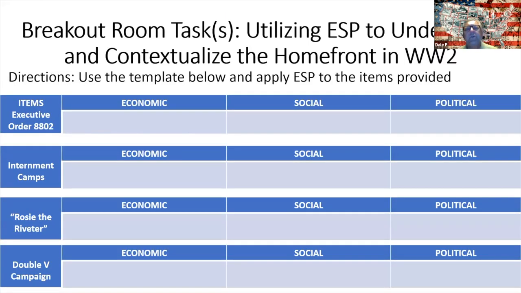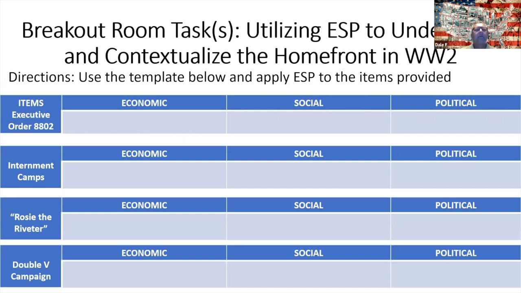So what I'd like you to do now is, you've all been assigned to a breakout room, and we're going to take a look at utilizing ESP and begin our contextualization of the home front during World War II.